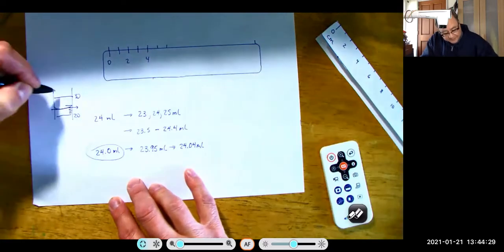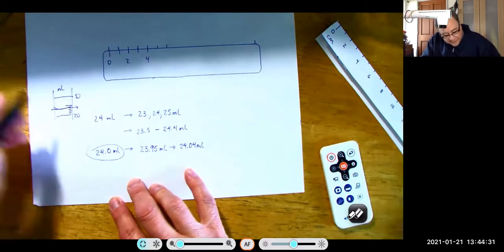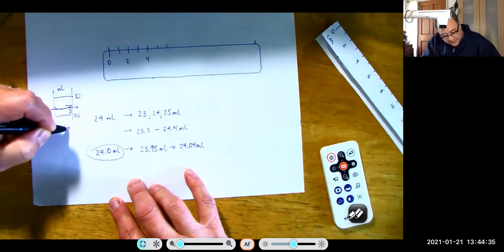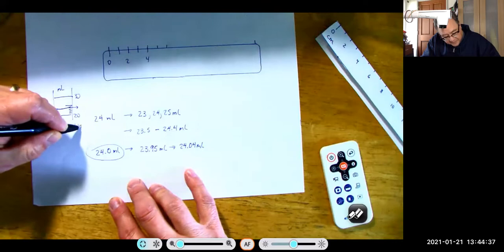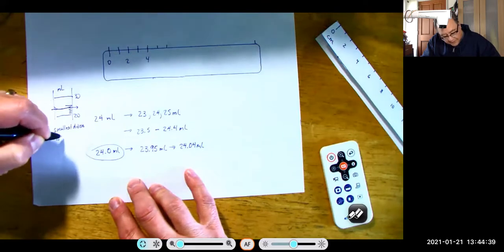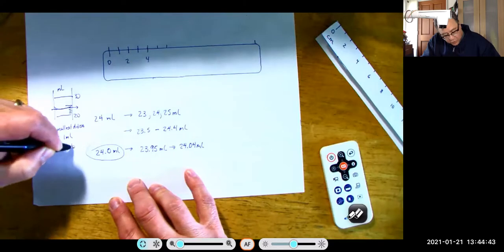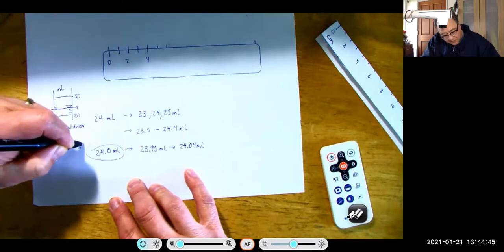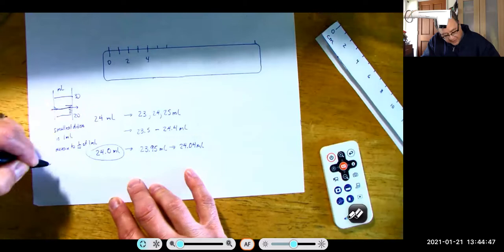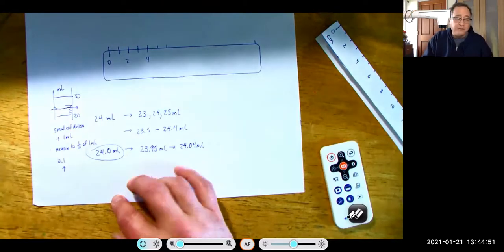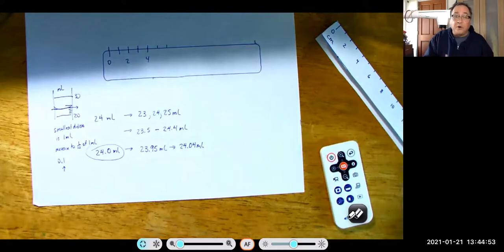So here, if the smallest division is 1 milliliter, you measure to 1/10 of 1 milliliter. So that means you measure to here. And it could be 0.01, 0.02, 0.03, it could be 0.0. So if you're okay with that, give me a thumbs up.